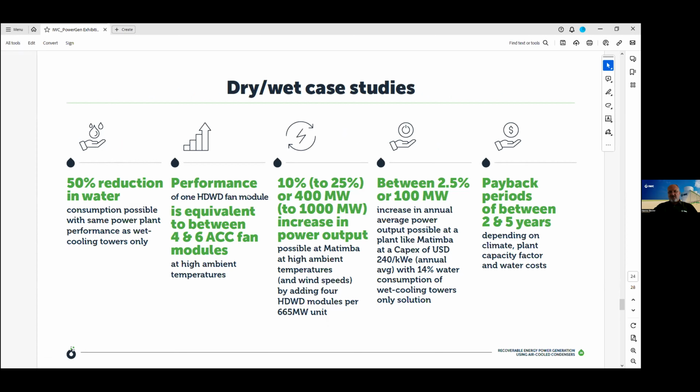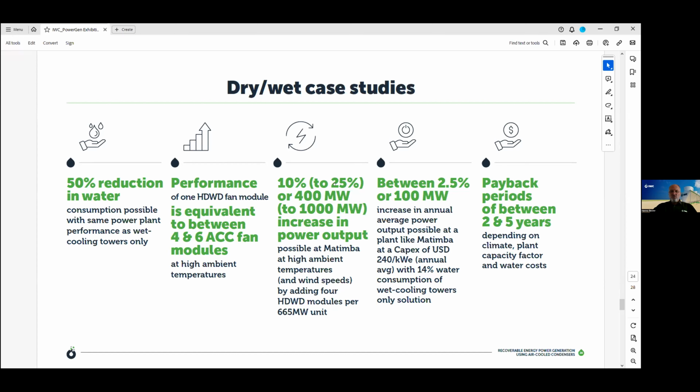Then the performance of one hybrid deflecmator fan module is equivalent to 4 to 6 ACC fan modules. What I showed you in the induced draft IWC unit is that just by putting in those bundles, we have 50% more output out of the same plot area, which I think is unique.